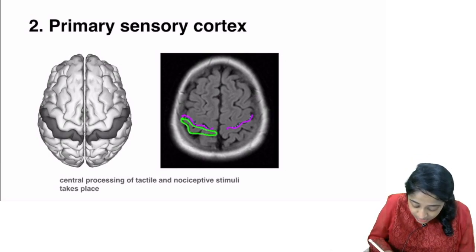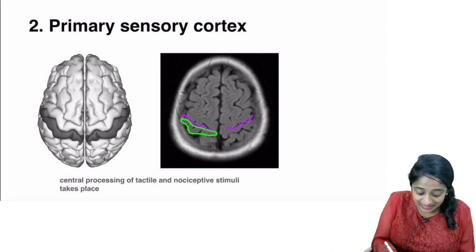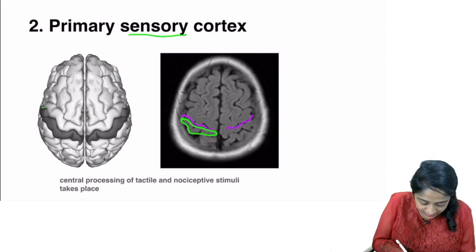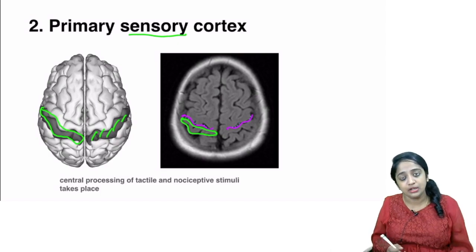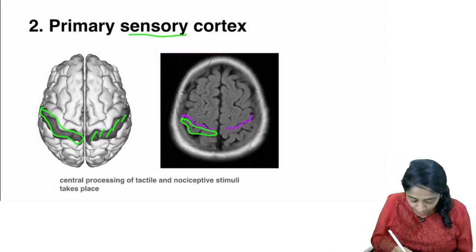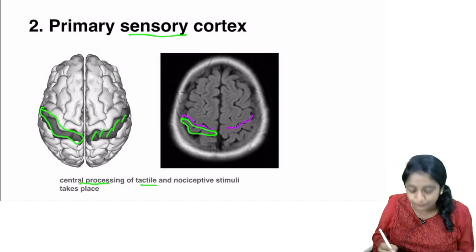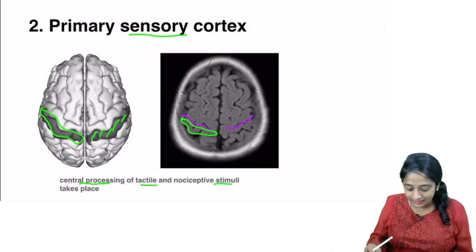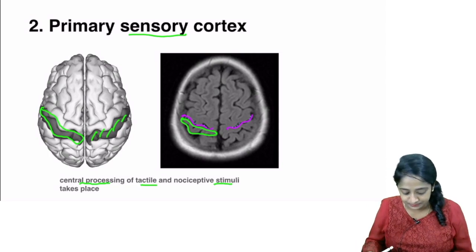The postcentral gyrus. That is the area of our primary sensory cortex. As you can see in the anatomical picture, this is the postcentral gyrus, and that is the location of the primary sensory cortex. What is its function? Its function is central processing of tactile and nociceptive stimuli. That is sensory information.